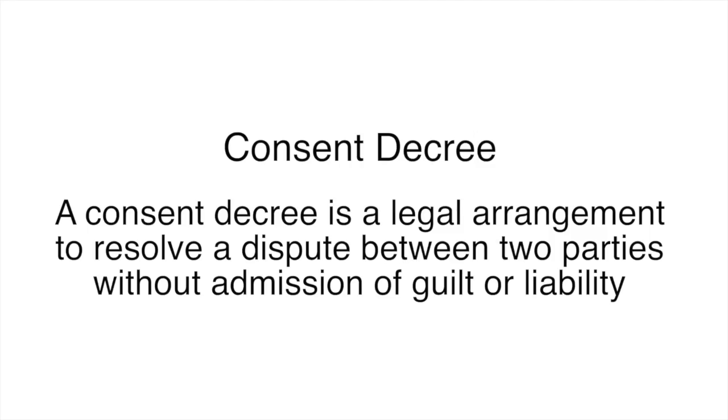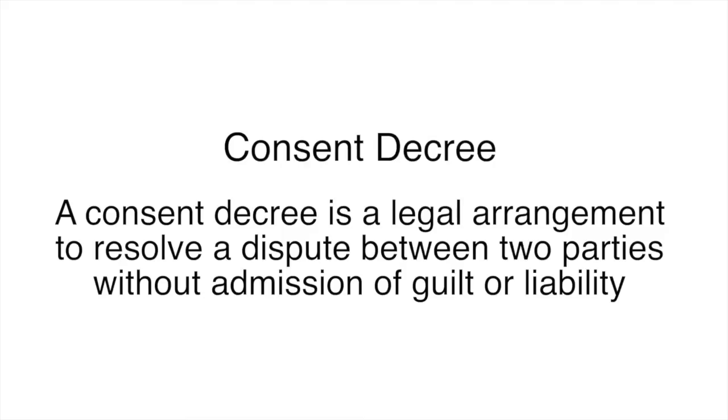Before getting into the details of the consent decree orientation, we will start with a definition of a consent decree. A consent decree is a legal arrangement to resolve a dispute between two parties without admission of guilt or liability.